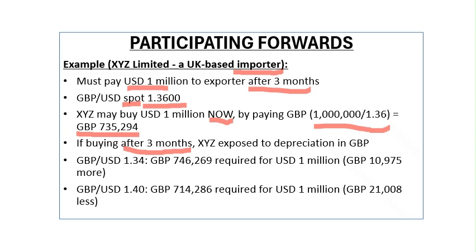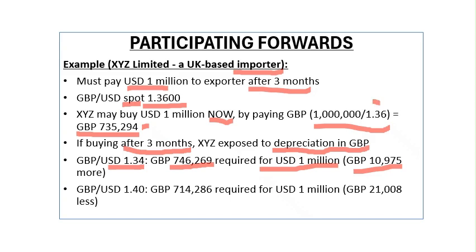In such a scenario, XYZ will be exposed to adverse movement in the GBP USD rate. Basically, if GBP depreciates against the US dollar, XYZ will have to spend more GBP to buy the same amount of US dollars. For example, if the GBP USD falls to 1.34, that is, the GBP weakens, XYZ will have to spend GBP 746269, which is about GBP 10975 more than the GBP 735294, which it had to spend at GBP USD 1.36.